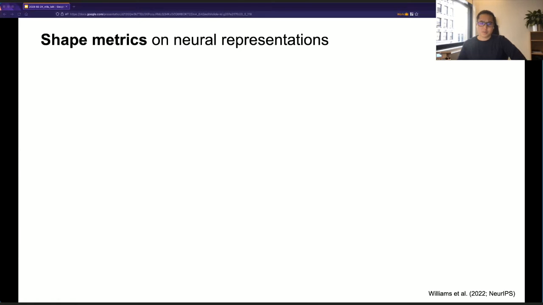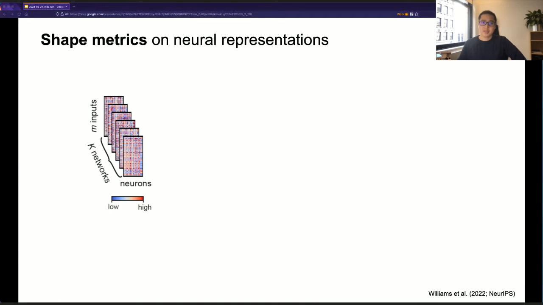Because shape metrics are a bona fide metric, we can analyze pairwise distances between multiple networks simultaneously. And this enables downstream clustering analyses and visualization with theoretical guarantees on correctness.